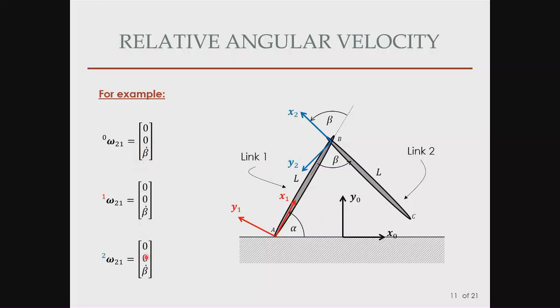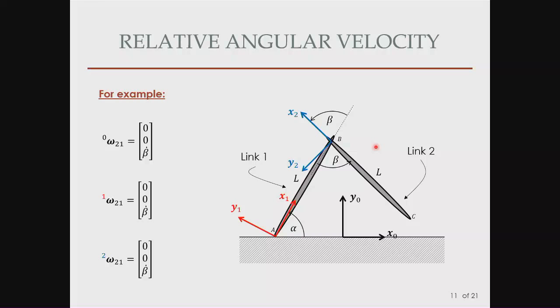And so I'm having just that last component, and beta dot is the angular rate of change. What do I mean by that? If you freeze body 1, freeze your link 1, how does link 2 rotate relative to it? Just by increasing that beta. So if you follow along this beta direction, the axis of rotation is aligned with your z, Z0, Z1, or Z2.